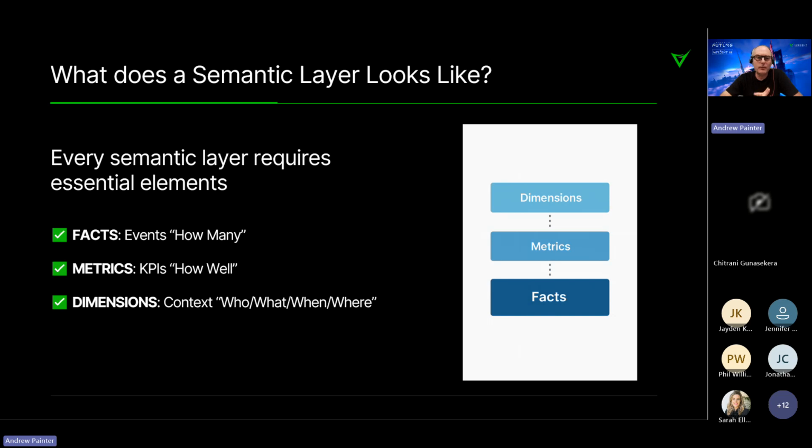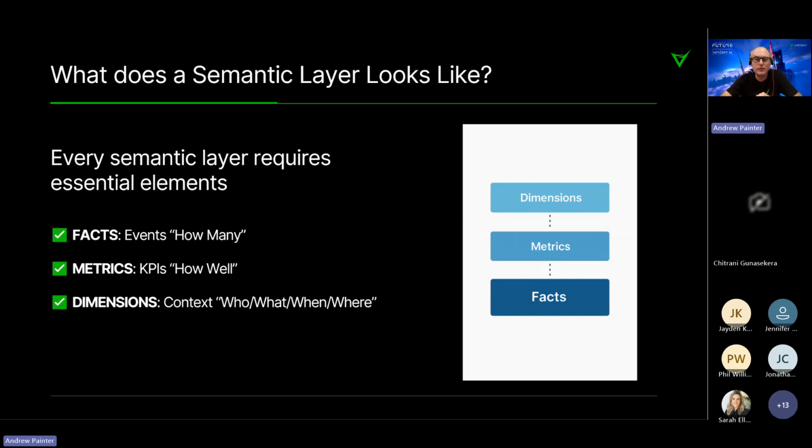So at the base of a semantic layer, within the data, we have this concept of facts. These are the individual things within a transaction, so the sale, numbers of things. So we can see the facts that we've got there. On top of that, we use the facts to build out metrics.